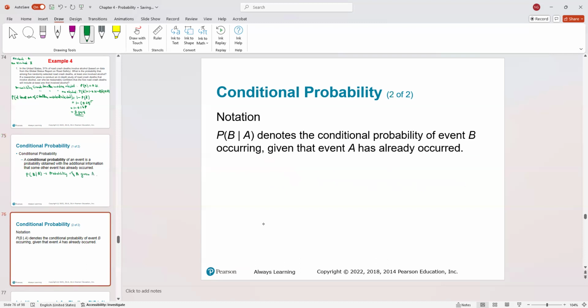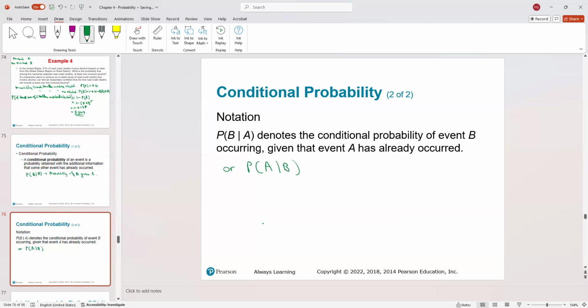That's the notation: probability of B given A, or you can also write the probability of A given B. That denotes the conditional probability of event B occurring given that A has already occurred. So that's something we need to verify as well. Very important. We call it conditional probability.